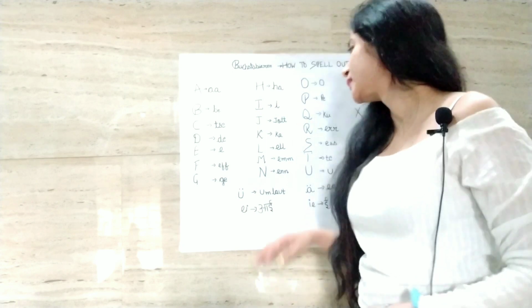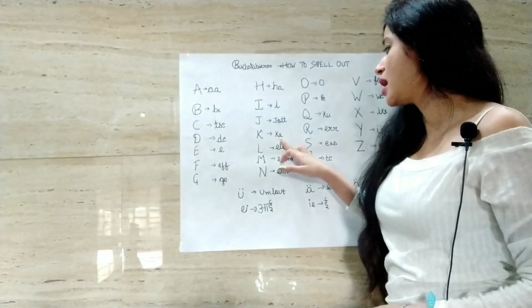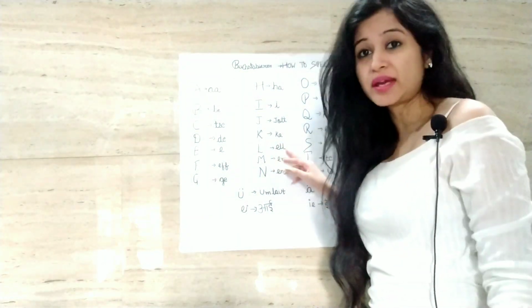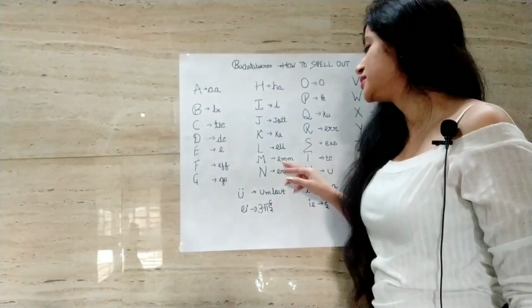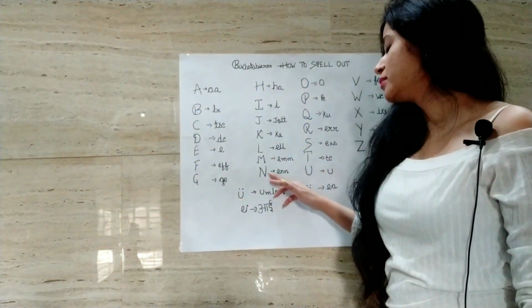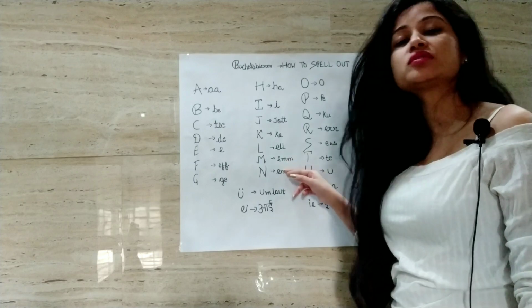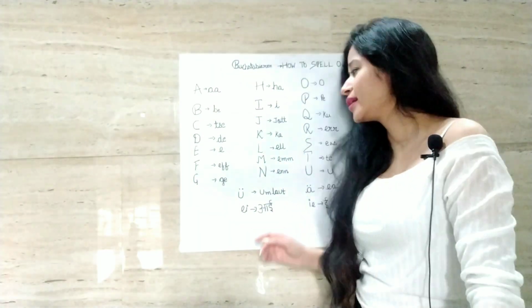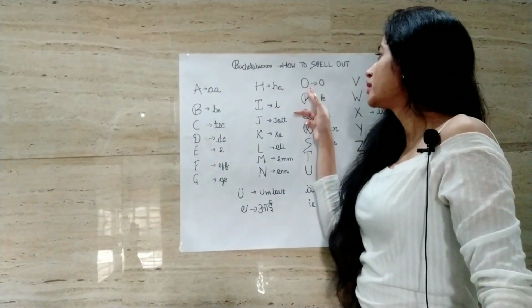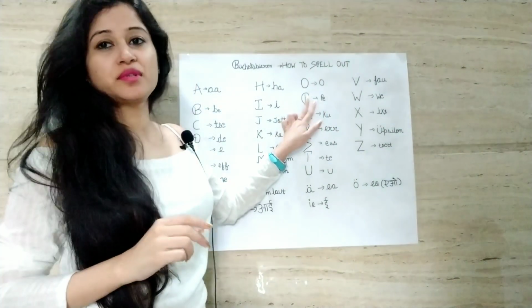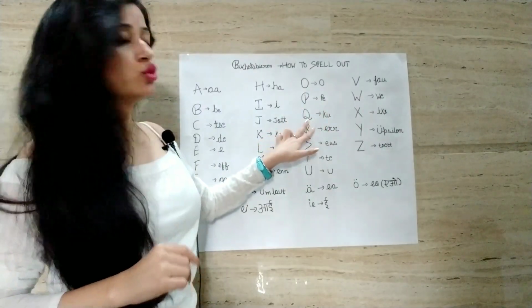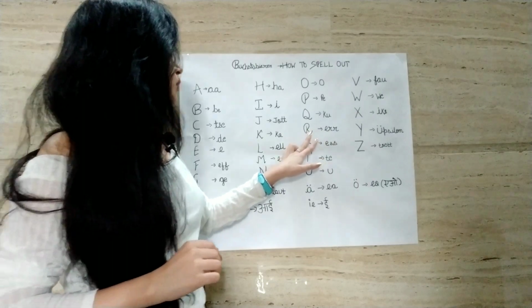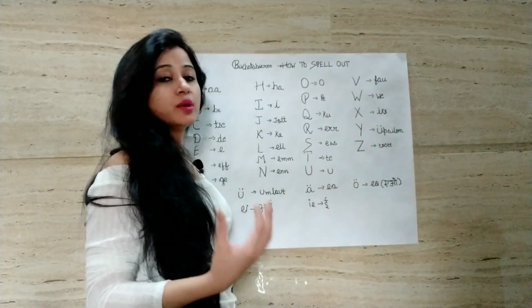Okay. K becomes Ka. L becomes L. M becomes M. N becomes N. This is like we are stressing it out like we did in F. It's the same way we are stressing it out over here also. O becomes O. P becomes P. Q becomes Q. R becomes L. R is like we do not say proper R in German.